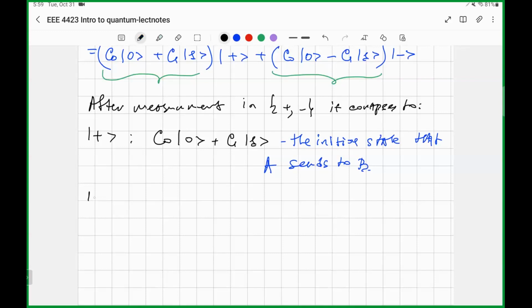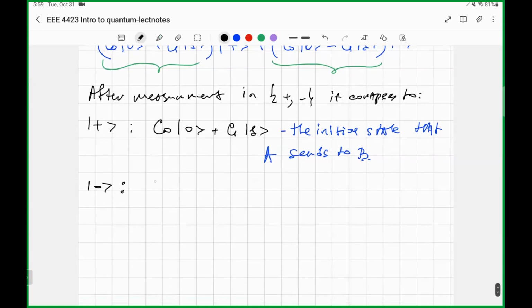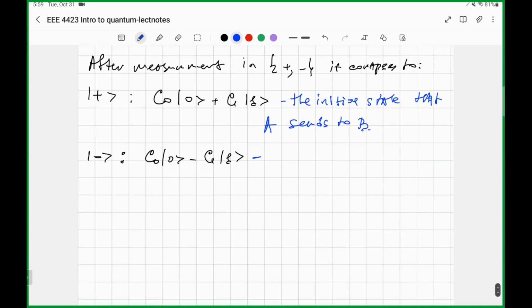However, if she finds her qubit in the state minus, then Bob's qubit is in the state C0, 0 minus C1, 1. So the phase is flipped, right? So then Bob needs to do something to correct the state to get the actual initial state.